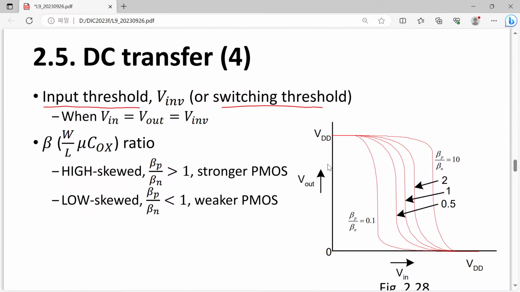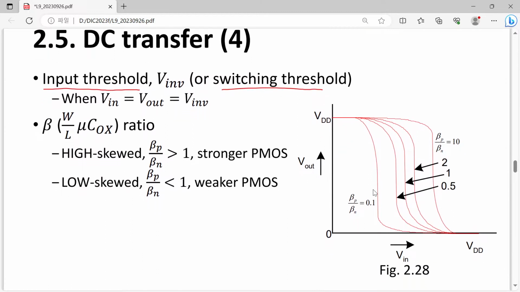Anyway, if we want to find out the input threshold voltage, what you can do is, this is our VDD and this is our VDD, and just draw a straight line.